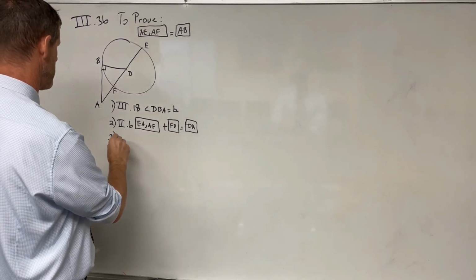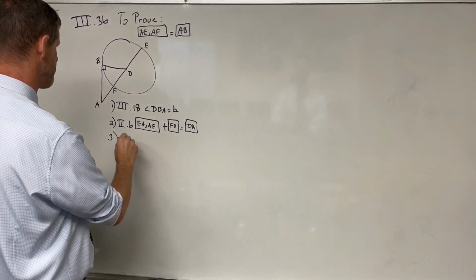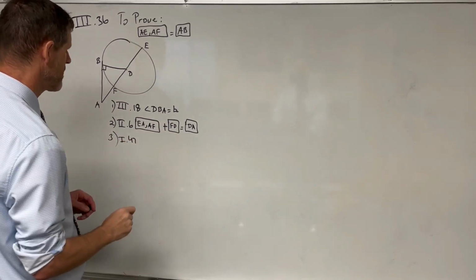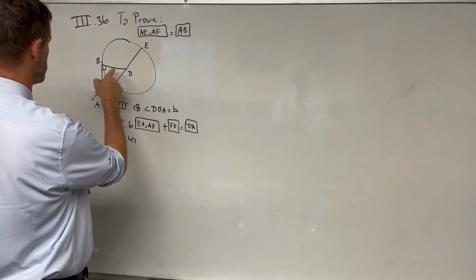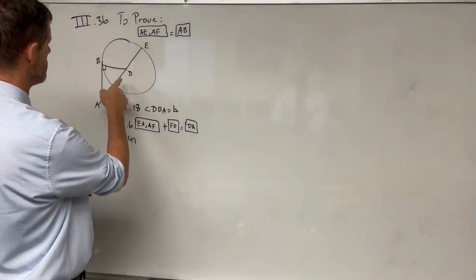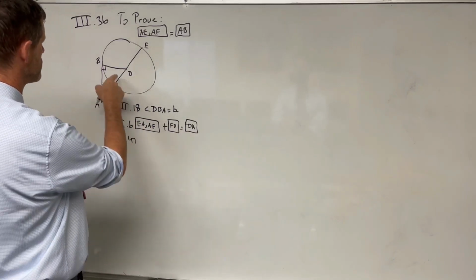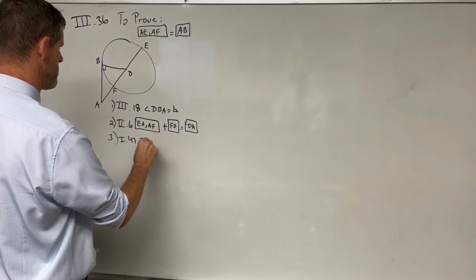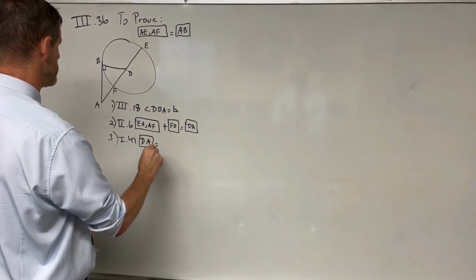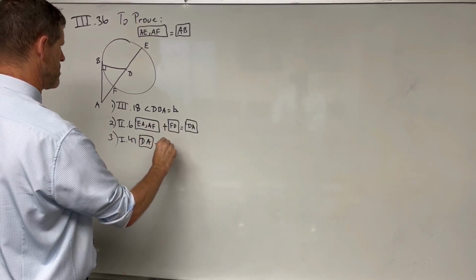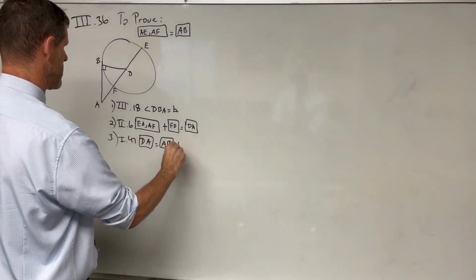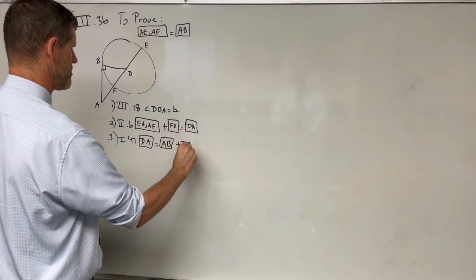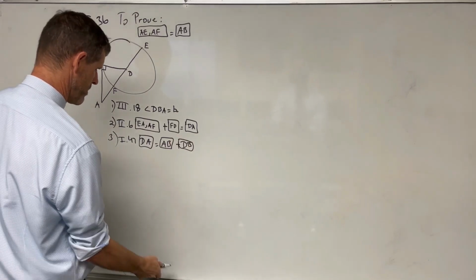So we can apply proposition 47, and we know that in our right triangle DBA, the square on DA is equal to the squares on DB and BA. So DA squared is equal to AB squared plus DB squared.